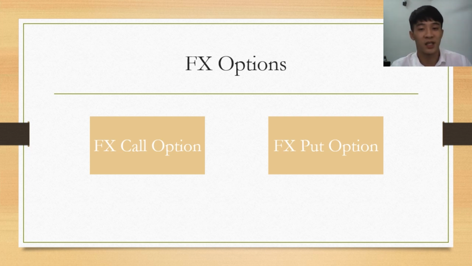The purchaser of an FX call option has the right to buy the underlying currency. The seller of the call option has an obligation to sell the underlying currency if the purchaser exercises his right. FX put options give the purchaser the right to sell the underlying currency, and the seller of the put option must buy the underlying currency if the purchaser exercises his right.